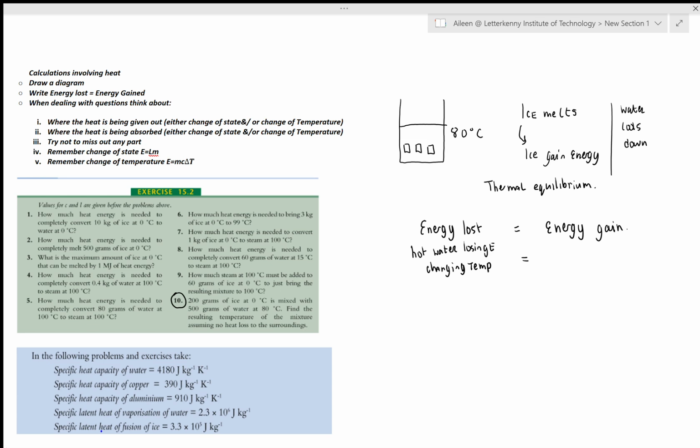And what gains energy? Our ice gains energy to change state, from ice to water. From here, we will have ice water at 0 degrees Celsius, and our ice water will then heat up. So our ice water changes temperature.